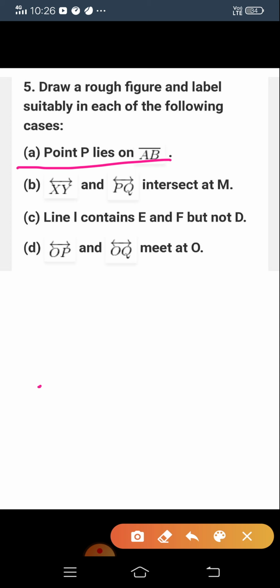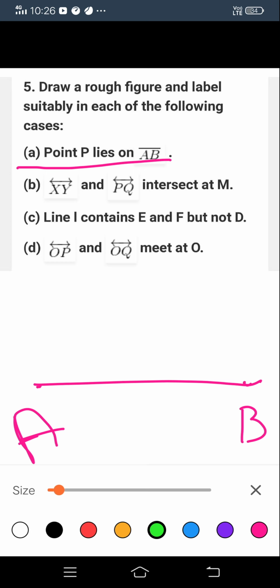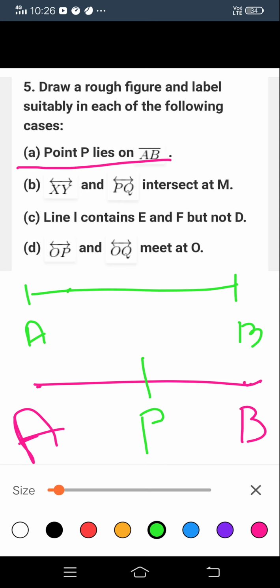So there are points A and B. Lies means in between. In between A and B there is a point P, or you can draw like this also, A, B. This is lies between. P is here also, or you can take here also.